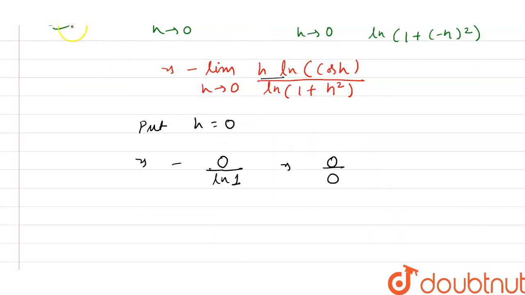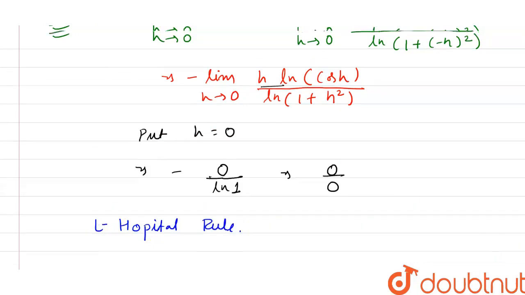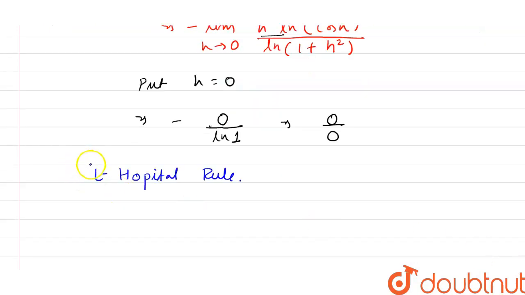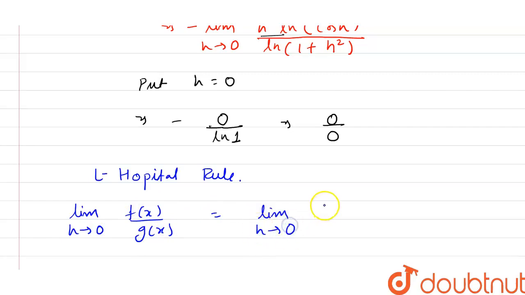So here we apply L'Hospital's rule, which states that limit h tends to 0 of f x upon g x is equal to limit h tends to 0 of f dash x upon g dash x.